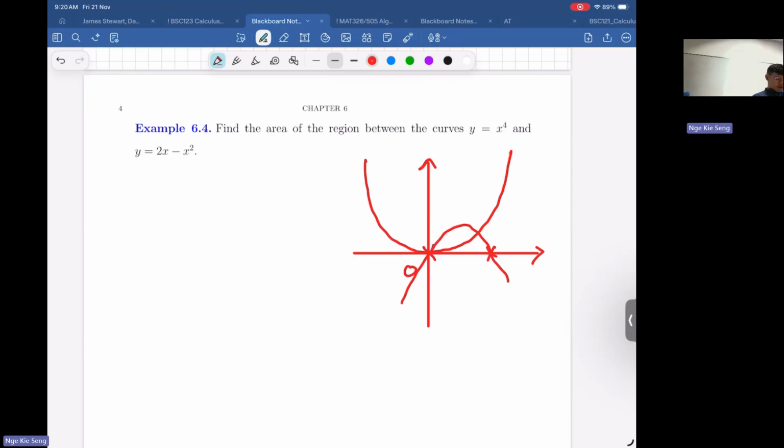It's a very similar thing actually. To find the intersection, first we want to find the intersection.